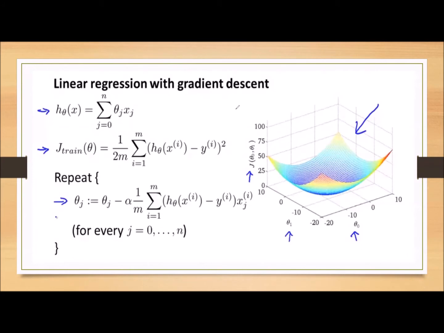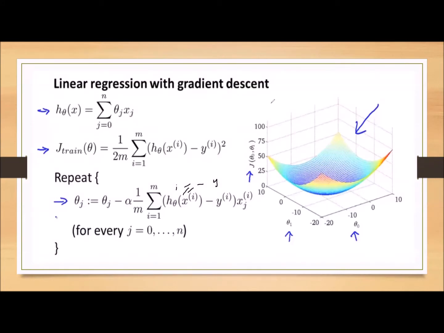But this batch gradient descent is using all training samples for every step. If my training samples are 10 crore, then in the hypothesis, for each training sample we are using h of x minus y, and for all 10 crore training samples we have to find the error.